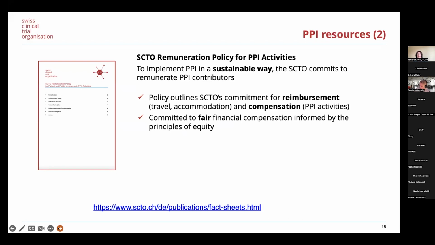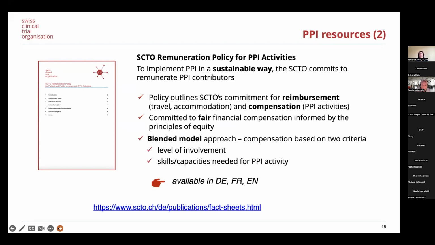It's committed to fair financial compensation informed by the principles of equity, and is based on a blended model approach, which means compensation is based on two criteria. Criteria 1 is the level of involvement, and criteria 2 is the skills capacity needed for the PPI activity.